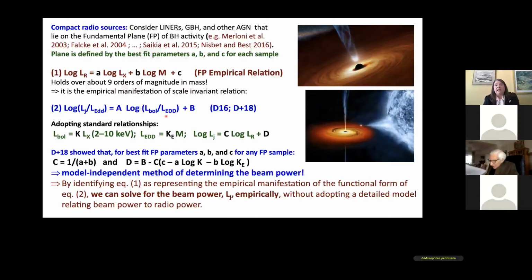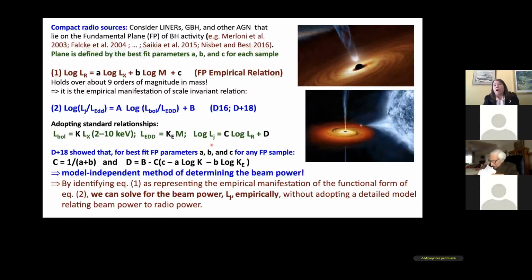And in fact, in the studies that many authors have published papers on, there are standard relationships that are adopted between the bolometric luminosity of the disk and the 2 to 10 keV X-ray luminosity of the source. This would be coronal X-ray emission. And you can get the bolometric luminosity by multiplying that by a constant. Of course, the Eddington luminosity is simply related to the black hole mass.